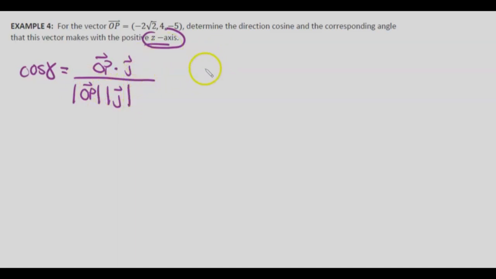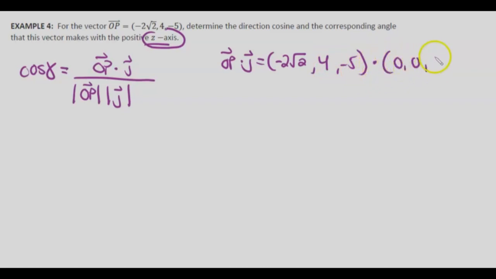Here's the thing. If we're doing, I'm going to do this on the side, OP dot k, where OP is -2 root 2, comma 4, comma -5, and we're doing the dot product with 0, 0, 1, since this and this do not matter, we're simply going to get the z component of vector OP.